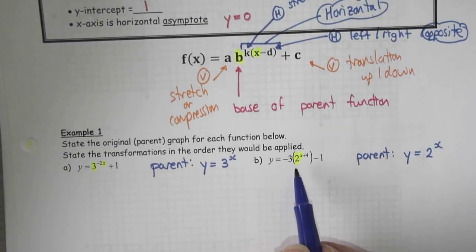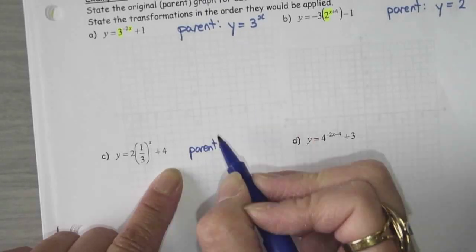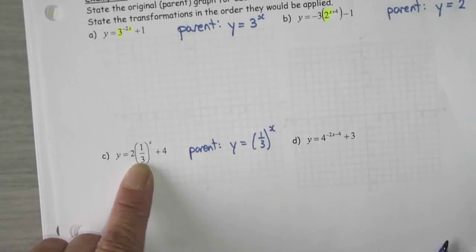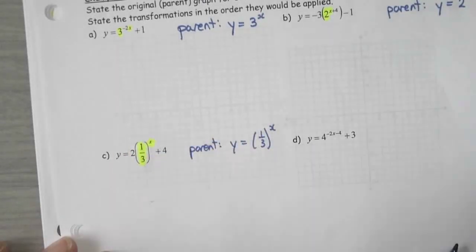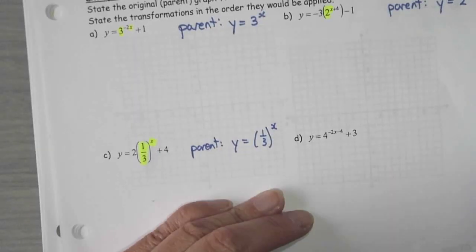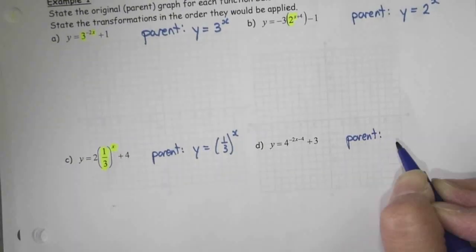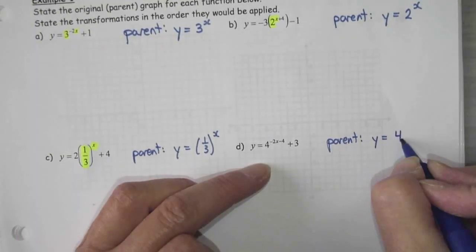So that's why you carefully grab your parent. So over here, what's my parent? Yeah, the 1/3 to the x. Does that make sense? So you grab this base with the x. That's your parent function. And then here, what's my parent? 4, yes, the 4, and then to the x.